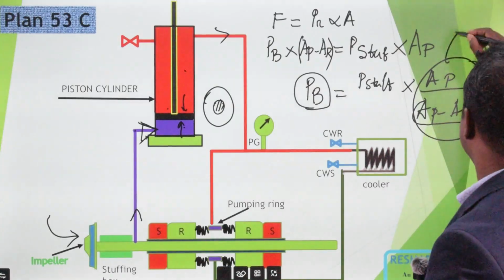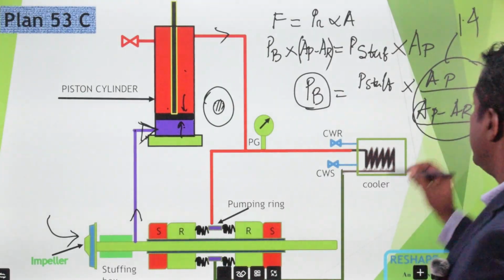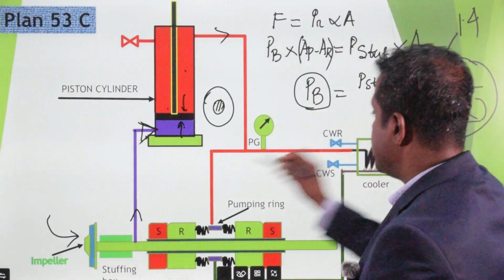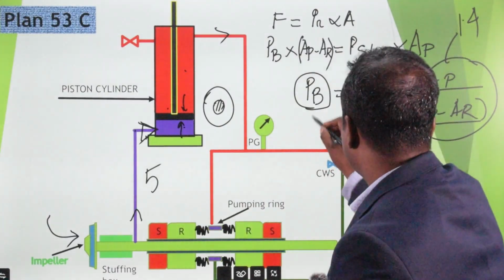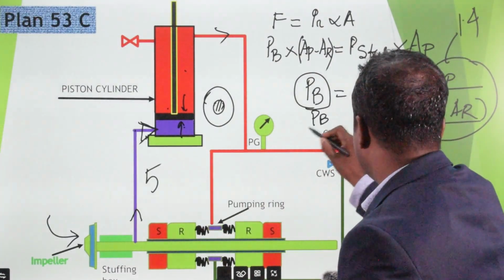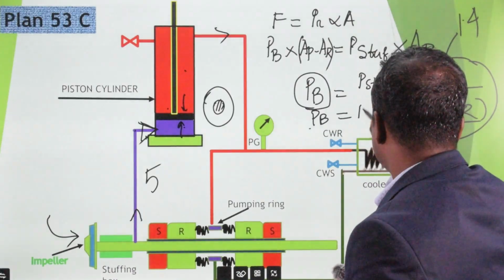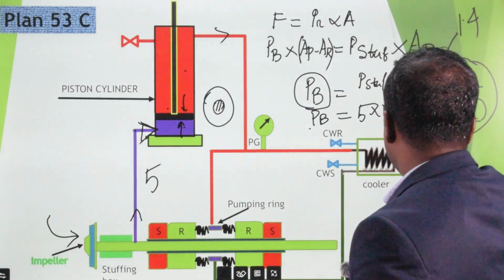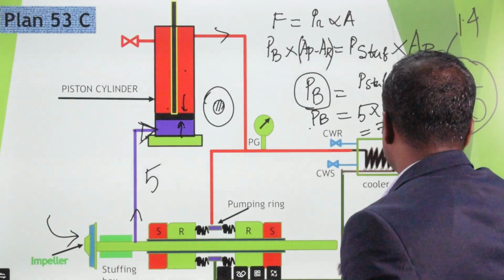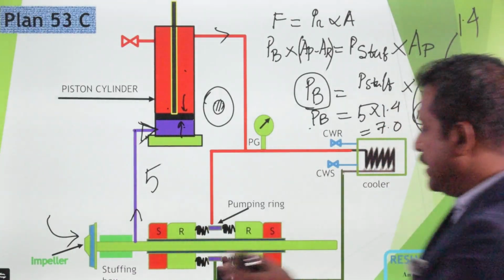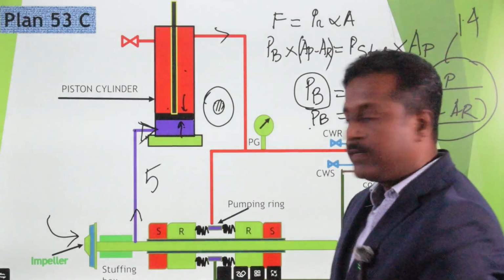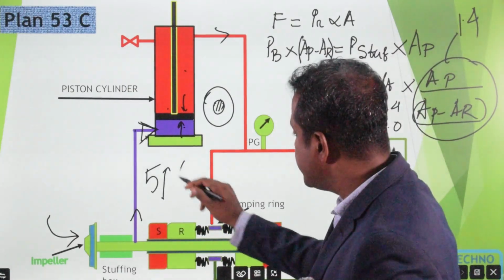Suppose we maintain this ratio as 1.4. So if your stuffing box pressure is 5 kg, what will be the barrier liquid pressure? Barrier liquid pressure equals stuffing box pressure 5 kg into 1.4, that means 7 kg.